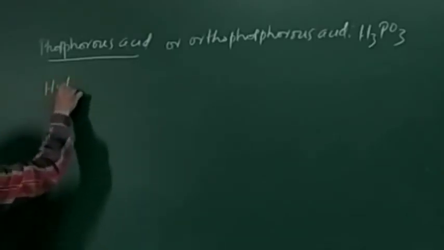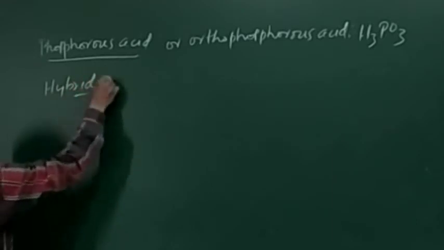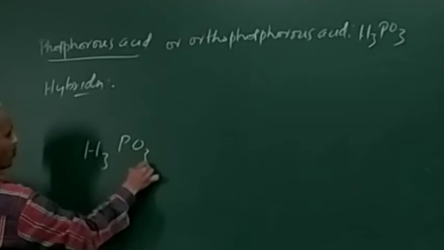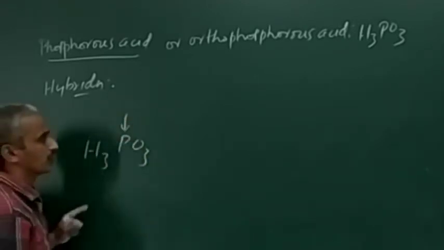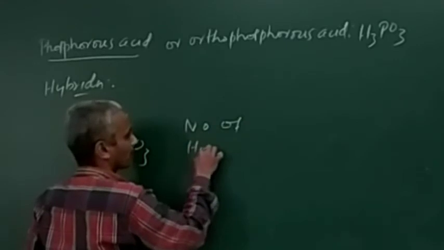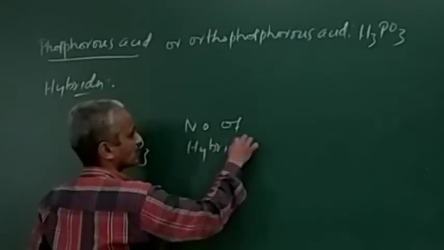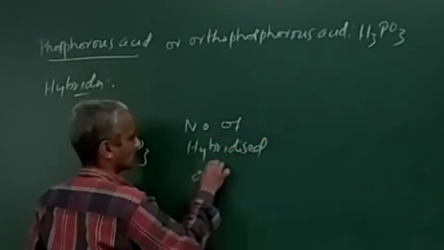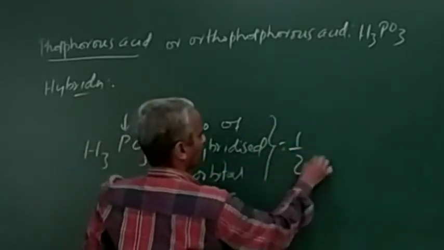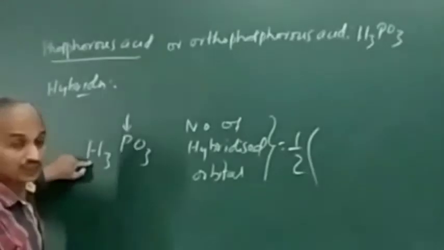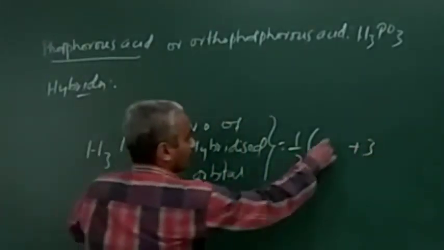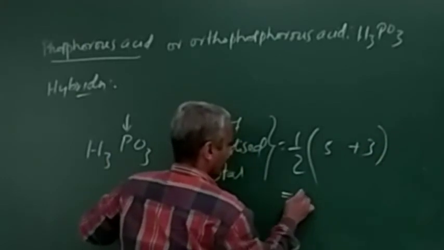Hybridization. See, H3PO3, for the phosphorus, the number of hybridized orbitals is equal to half into monovalent 3 and phosphorus 5. So I get 4.